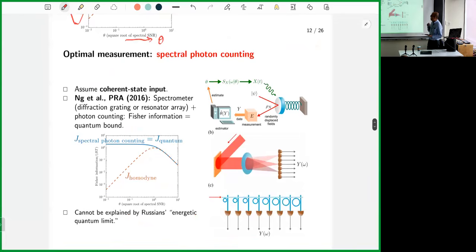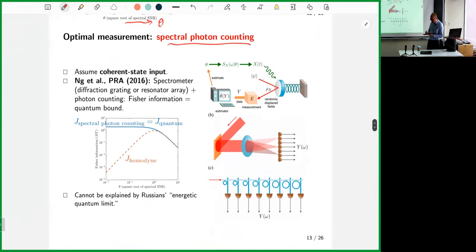Of course, if you are an experimentalist, you ask, how do I achieve this bound? And it turns out that there is a relatively simple measurement that you can do, which is spectral photon counting. Again, assume you have phase modulation, some random process modulating the phase of your optical beam as you're trying to estimate parameters of the power spectral density.